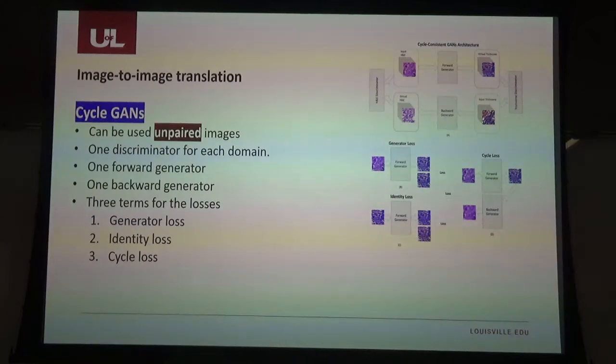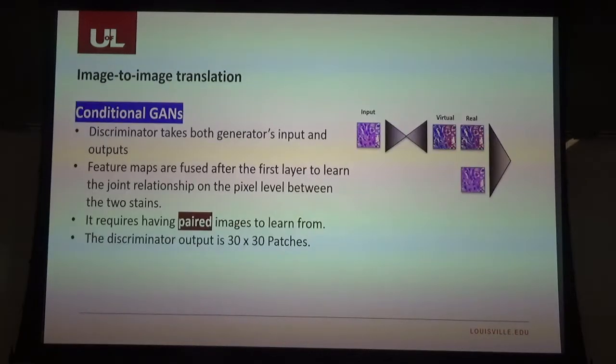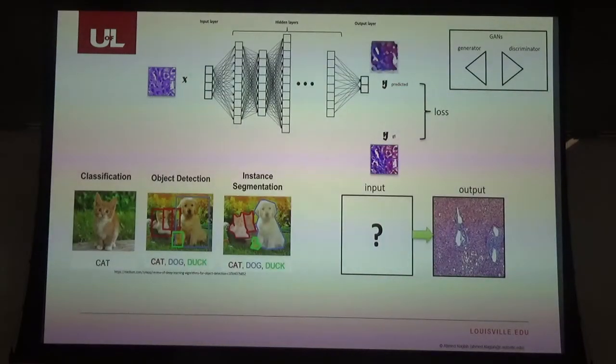So the alternative approach here is something called CycleGAN, or cycle-consistent GANs. The point of having these paired images was that we wanted just a combined loss between the Y predicted and the Y ground truth.